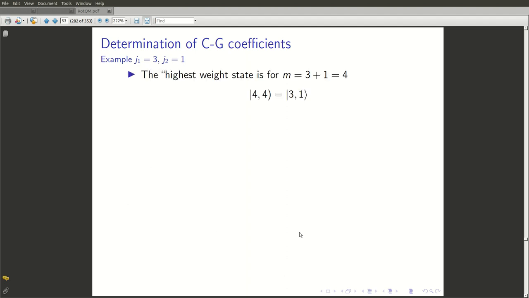So the highest weight state must be when J1 M1 takes the value 3 and M2 takes the value 1, which is M takes the value 3 plus 1 equals 4. So our state here is 4 4 and this must be 3 1. Let me remind you, this 4 4 really is 3 1 semicolon 4 4, and this 3 1 is 3 1 semicolon 3 1. Just to remind you, the rounded brackets are J1 square, J2 square, J square, Jz eigenstates.